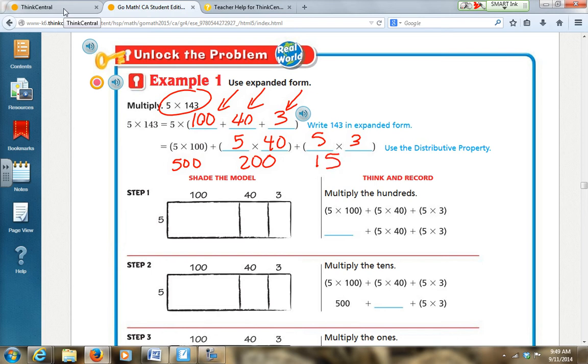Okay, so Miss Fernley kind of went ahead of the steps right here. There's steps. So we can shade the model. So what they did is what? Distributive property, right? Yeah. So we did 5 times 100, 5 times 40, 5 times 3. Which is kind of what they did right here. So this would have been 5 times 100.